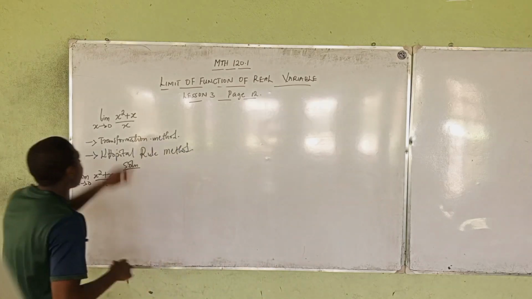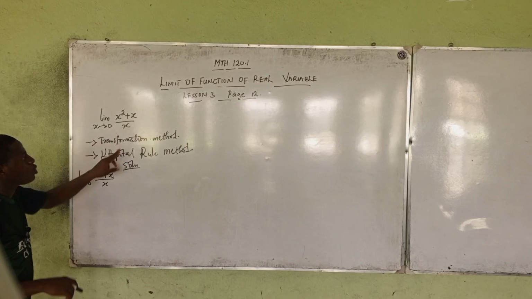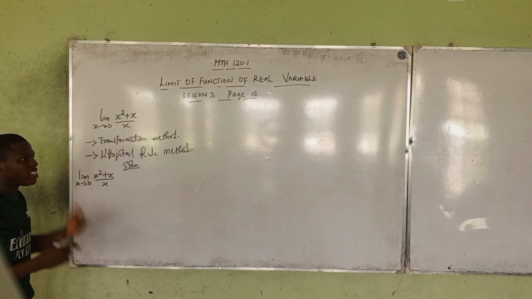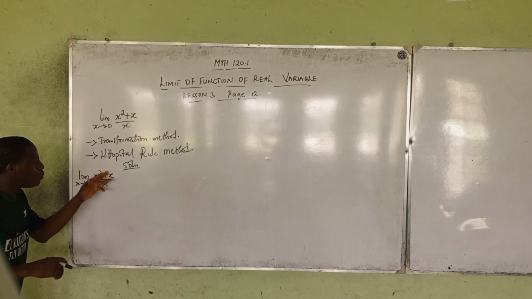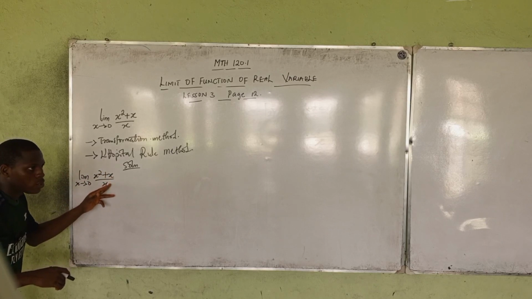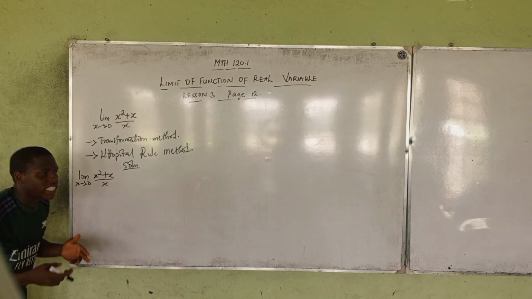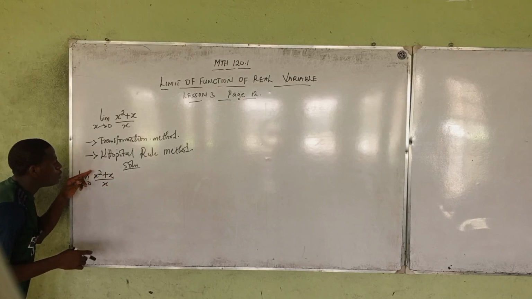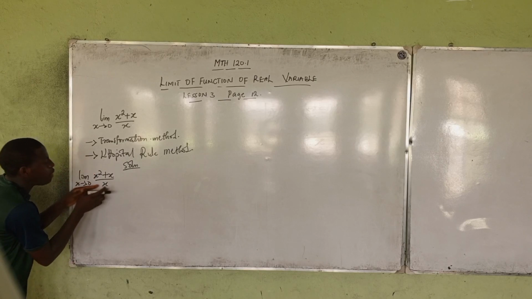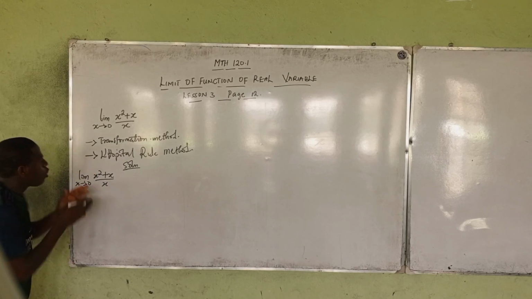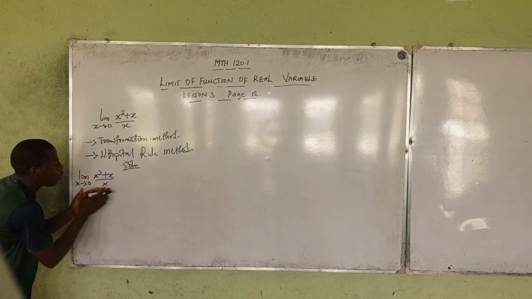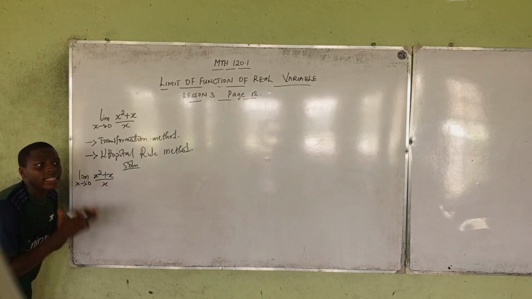What do I mean? When solving the limit of a function with the transformation method, look at your numerator and look at your denominator. Your concern is to make your numerator look like your denominator, so that one factor of the numerator and the denominator can cancel out.